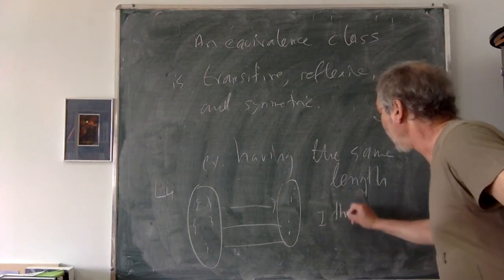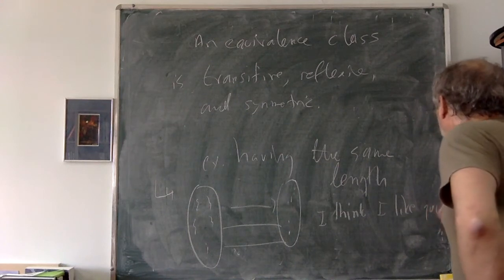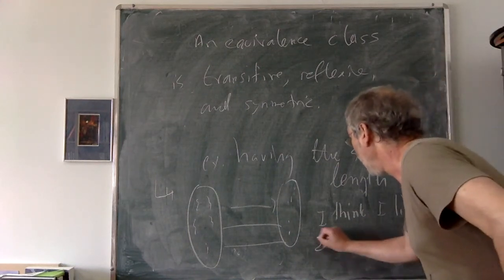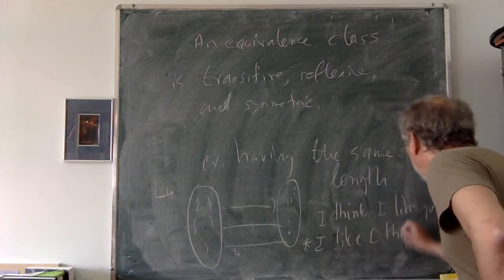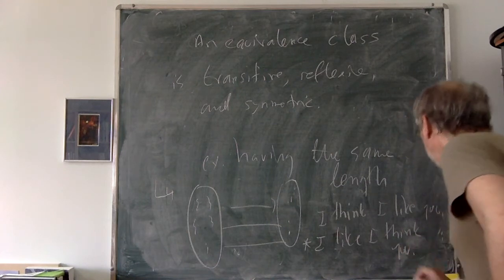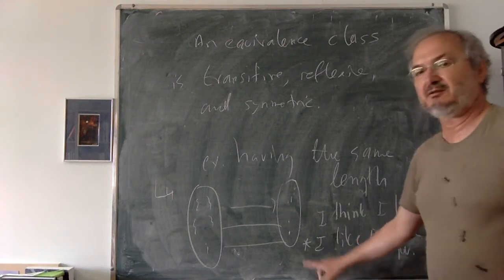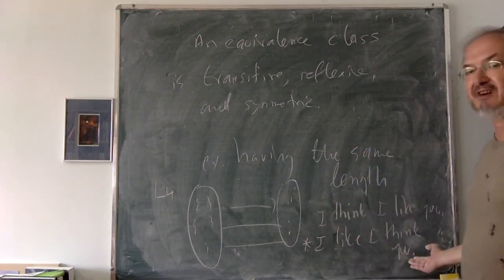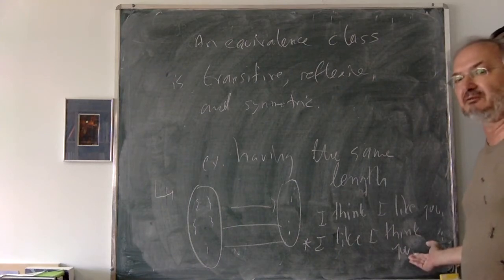You can say, I think I like you. But you can say, I think you. So if you're only interested in size, this is ungrammatical. It's not in English, it's not in L4. It has a length of 5, but I'm not interested in that because that's not English.